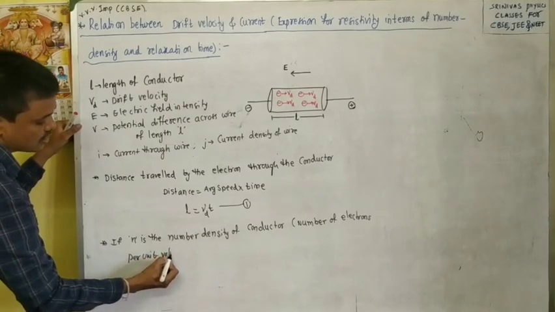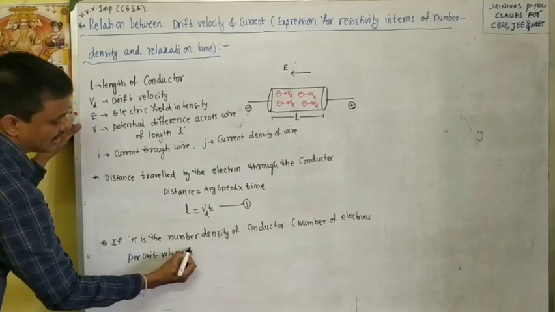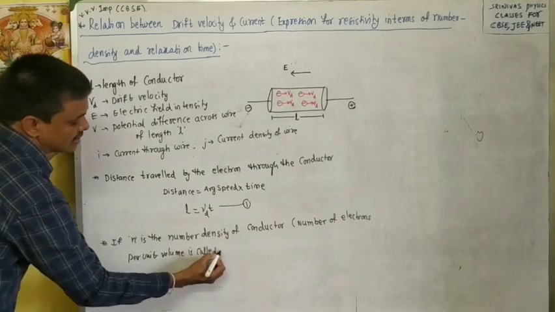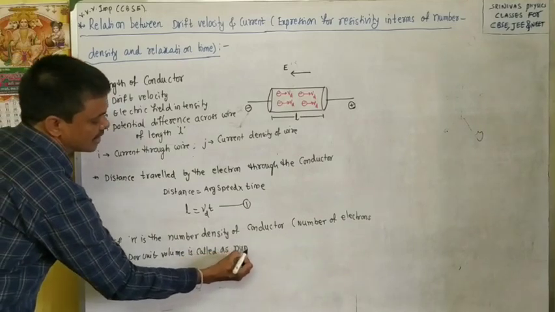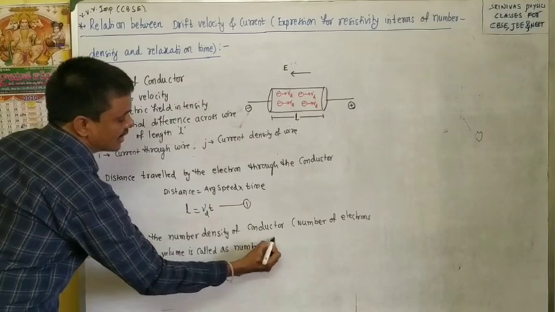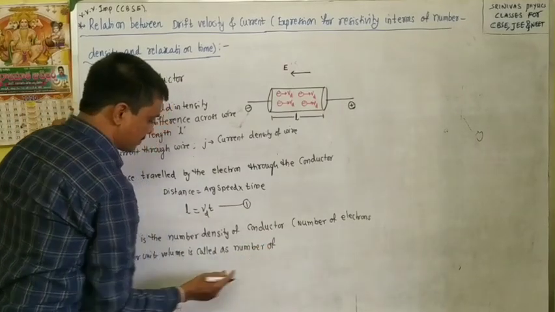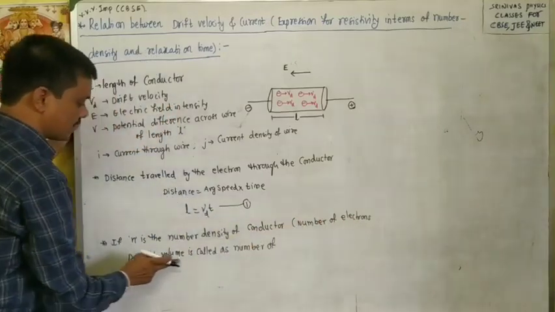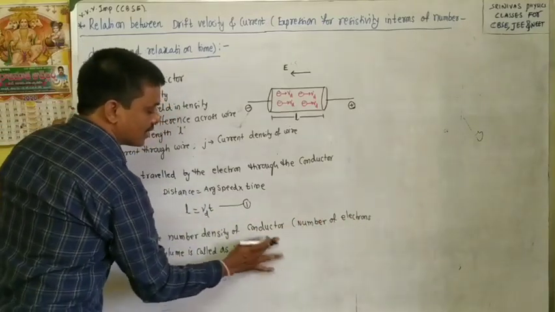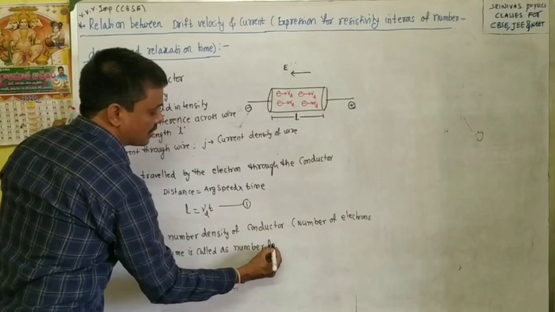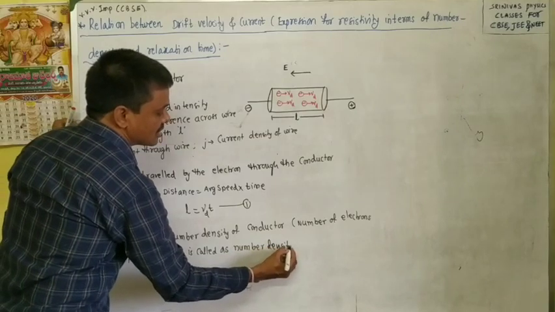How many electrons are there in the unit volume of the conductor is called the number density. The number of electrons per unit volume is called the number density of electrons.